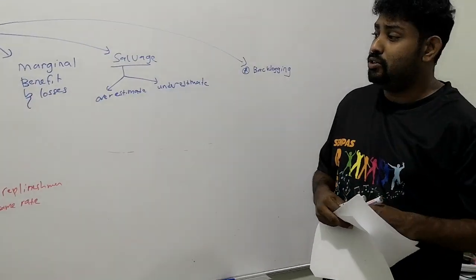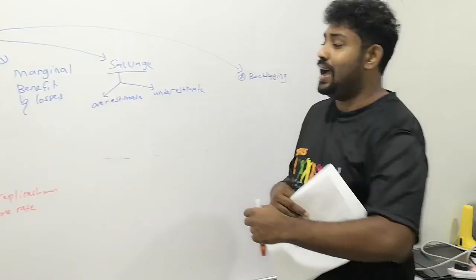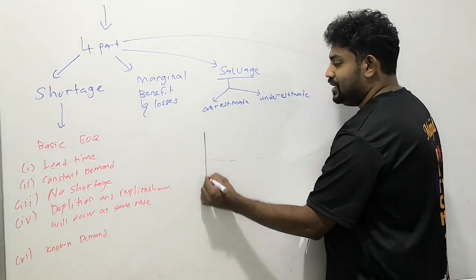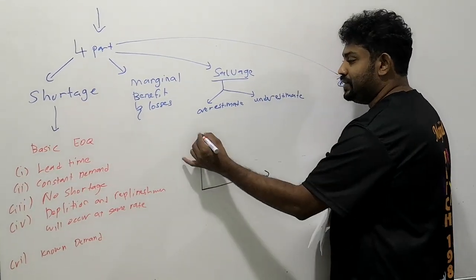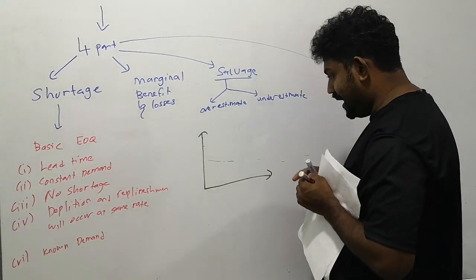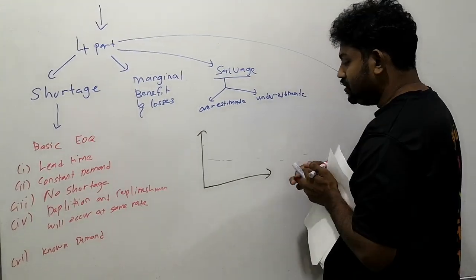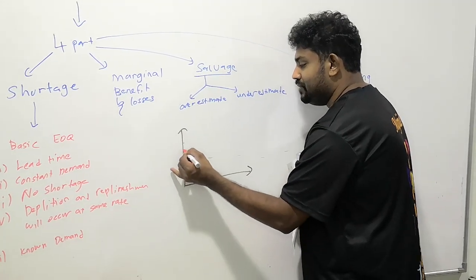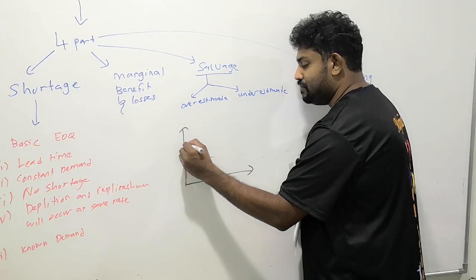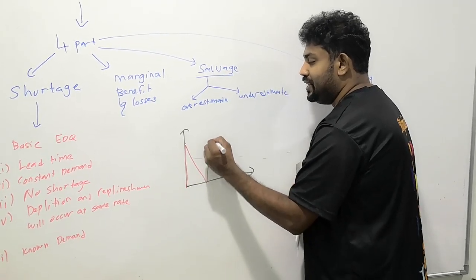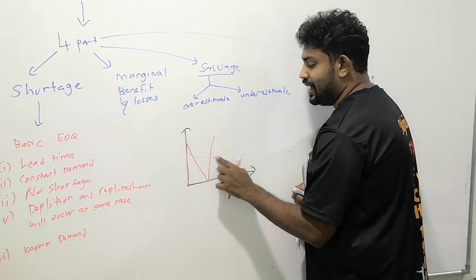This is the basic EOQ assumption, where we will have lead time. If you still remember, lead time is the time taken between when we have the maximum inventory in stock, when it depletes, and when we replenish at the instant time.